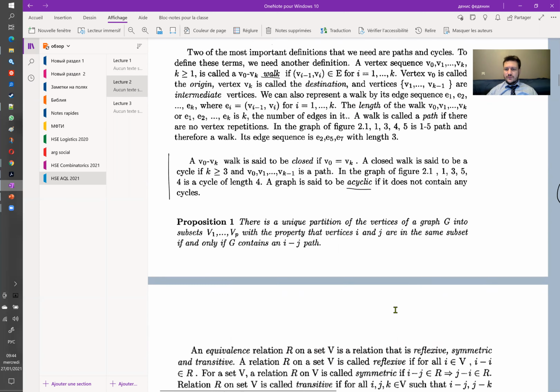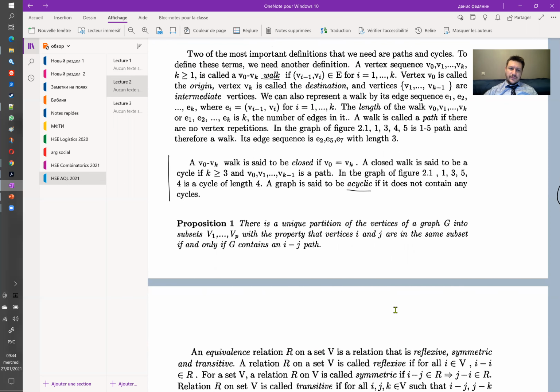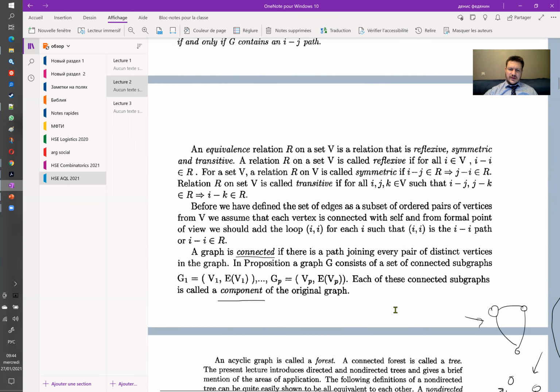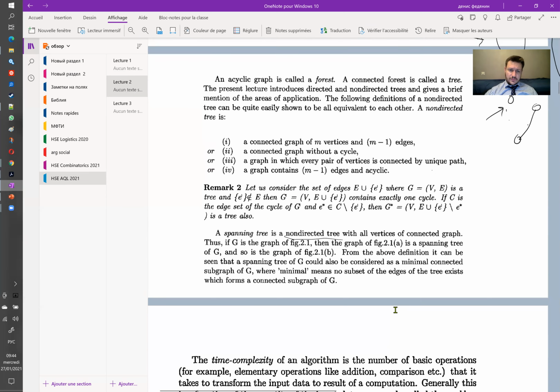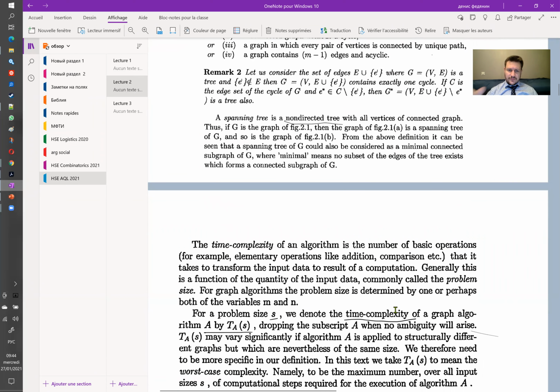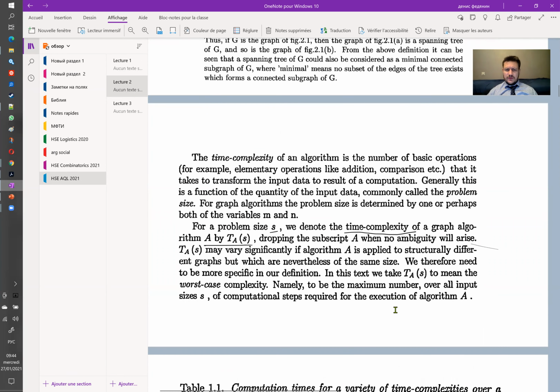We have discussed partitions, closed sets, connected components, and other terms that we will use. Some of them we have already used, some of them maybe we will use. Forest and tree are very important. We have discussed what a spanning tree is. We have discussed time complexity and memory complexity, because we may need them.